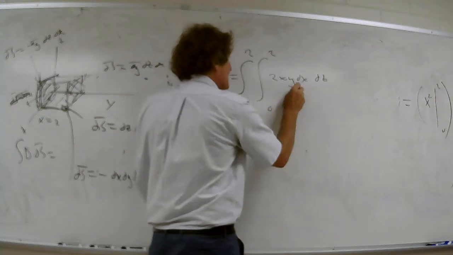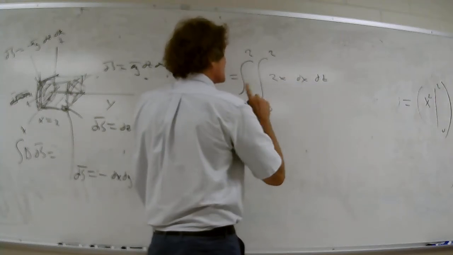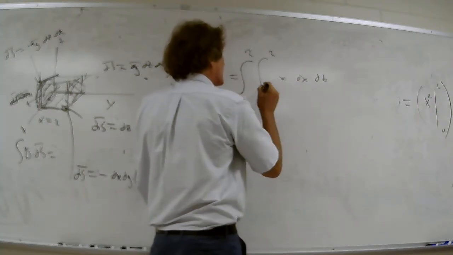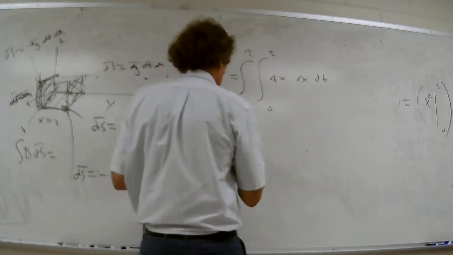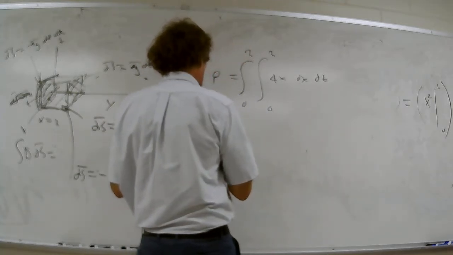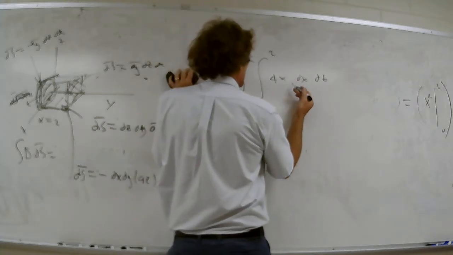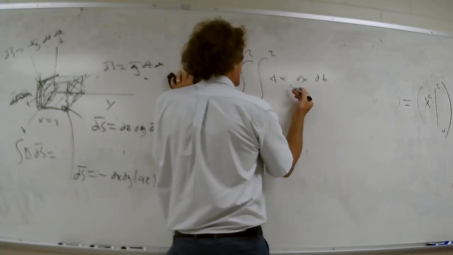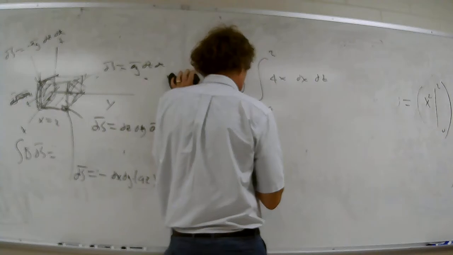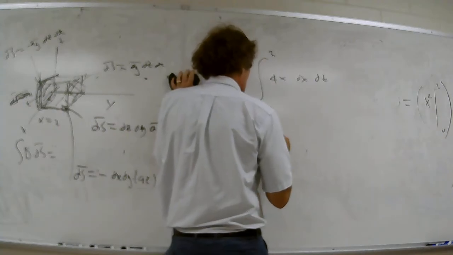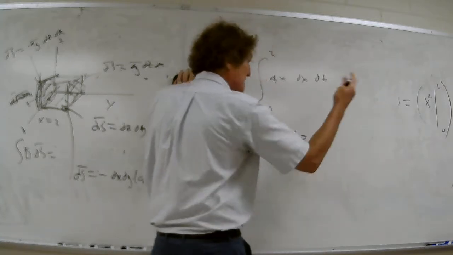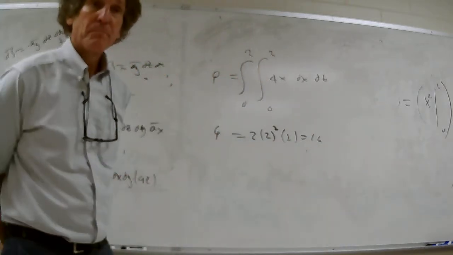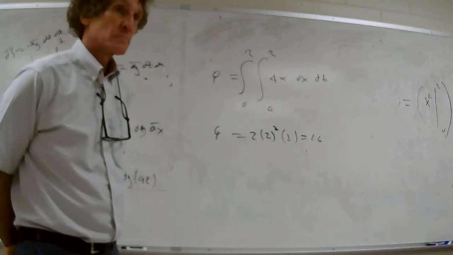So I'm just going to put in y equals 2 here, makes this 4, right? Now when I integrate that dx, I get x squared over 2, or 2x, from 0 to 2, so it's 2 times 2 squared, right? And then dz from 0 to 2 is 2, it's going to be 16. It's the same as that. So if it asks for the flux, that's the flux.